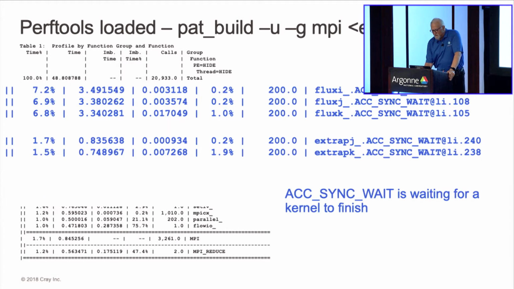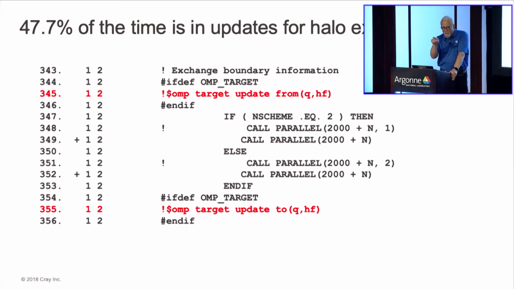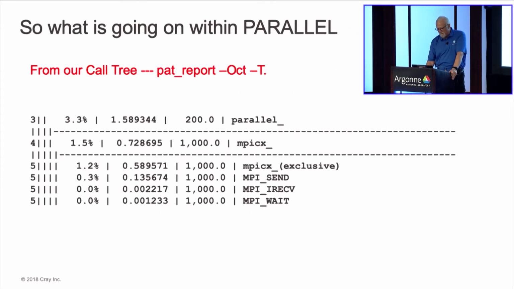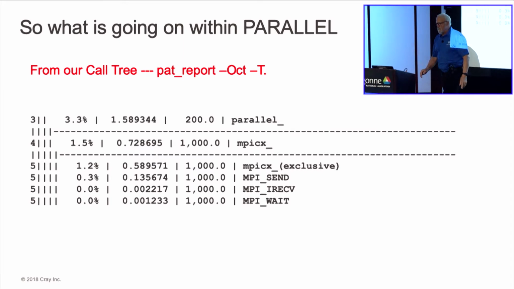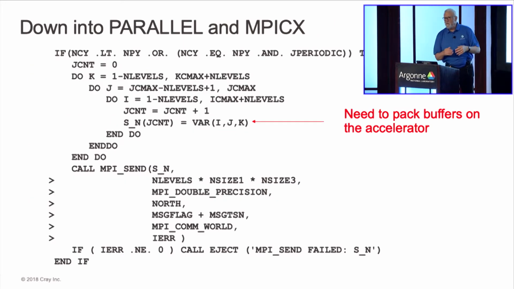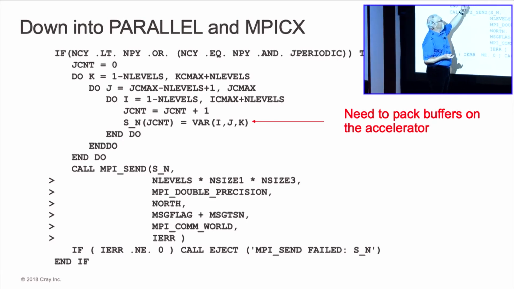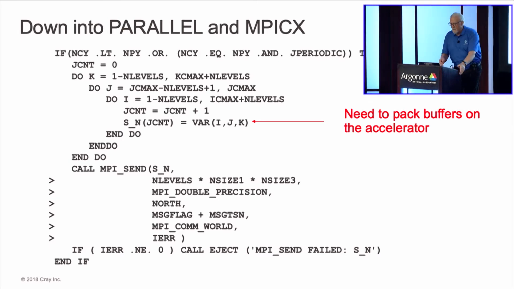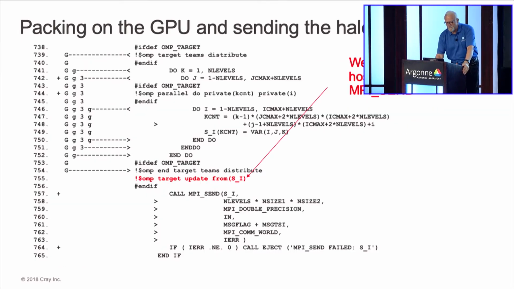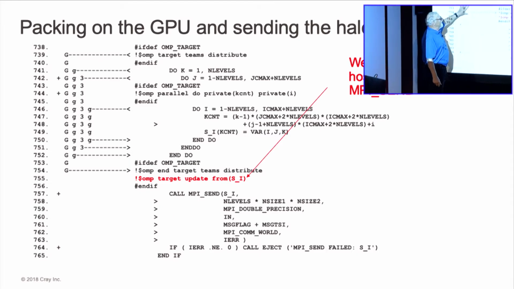So what I have to do is go into parallel and figure out what's going on. What's going on is buffers are being packed up and shipped on the MPI. All right, so let's put those on the accelerator.